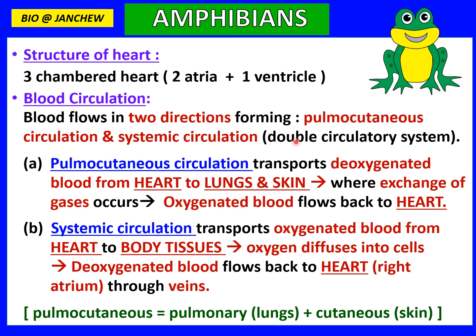Thus, the frog's circulatory system is called a double circulatory system because it has two circulations. A, the pulmocutaneous circulation, transports deoxygenated blood from the heart to the lungs and the skin, where exchange of gases occurs and where oxygen diffuses from the environment into the blood. Thus, oxygenated blood flows back to the heart.